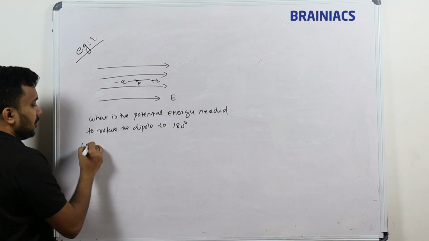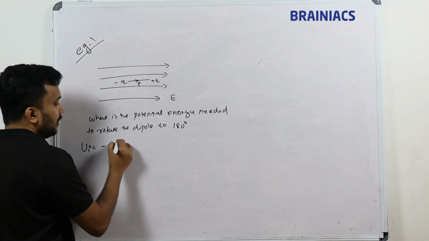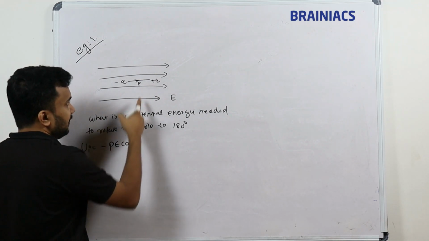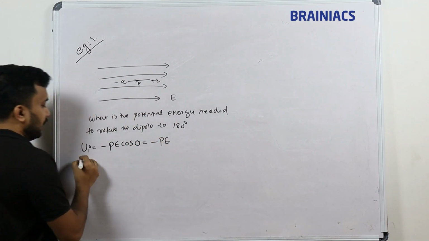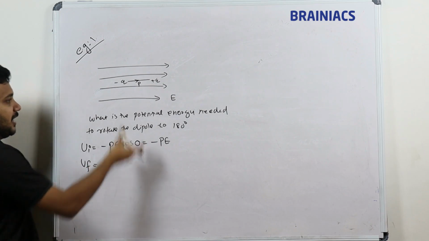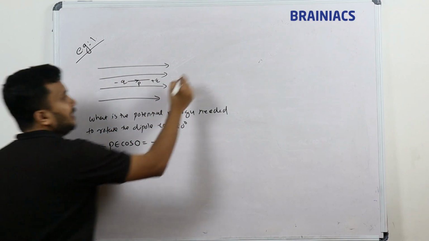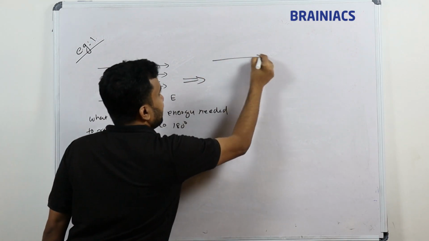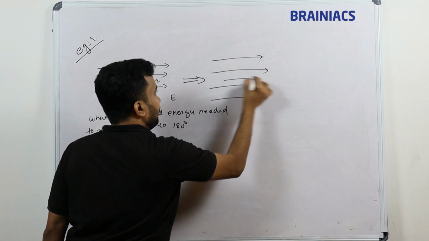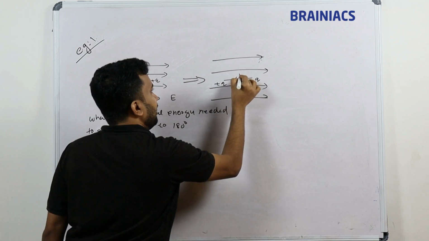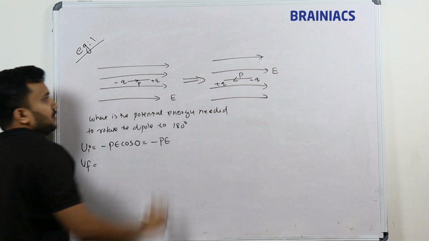So we know the initial potential energy is equal to minus PE cos theta. Theta here is 0 degrees, so it is minus PE. Final potential energy means I am rotating by 180 degrees. What is the final structure now? The final structure is minus q and plus q, with P and E in opposite directions.